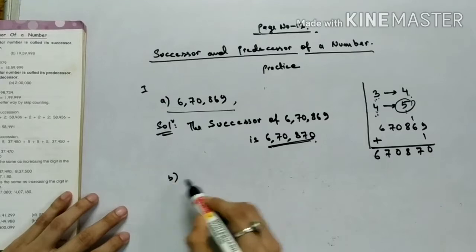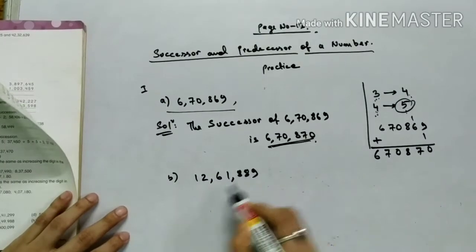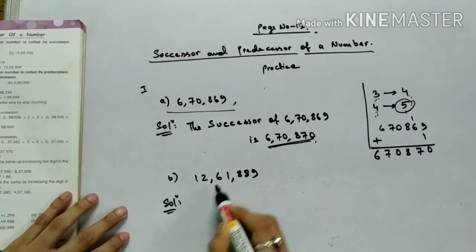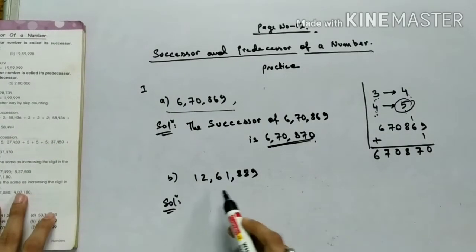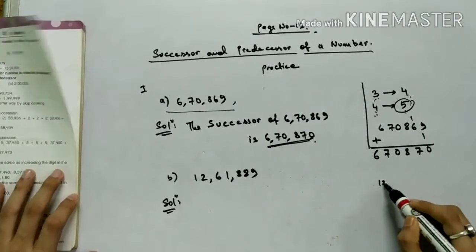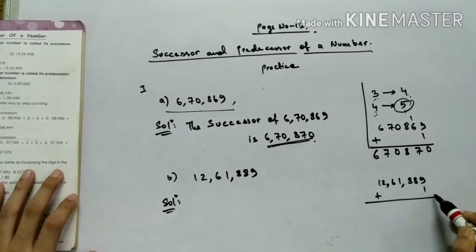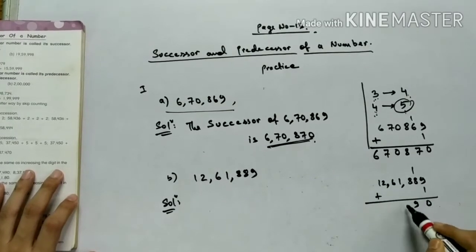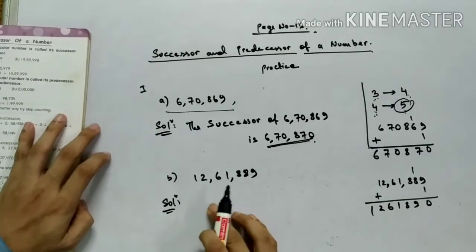Next again number B, you see, 1261889. What is the successor of this number? That means what number comes after this number? What will I do here? 1261889 plus 1 I will do. I am directly writing the answer.